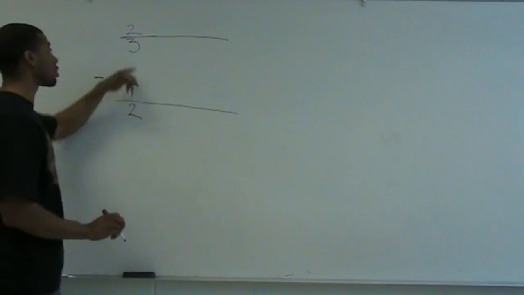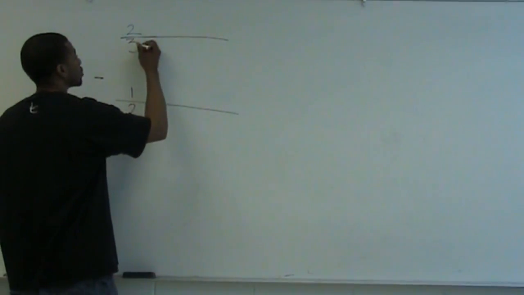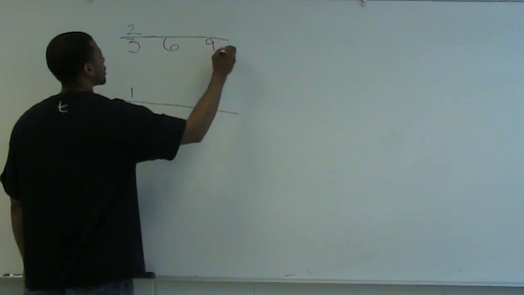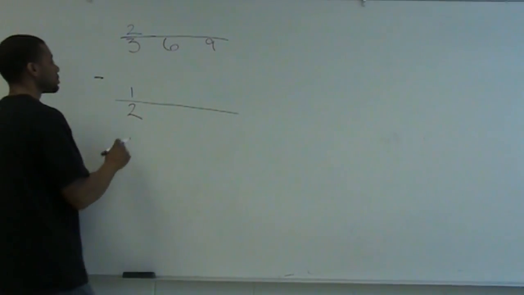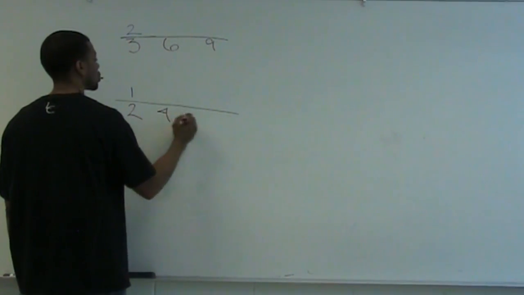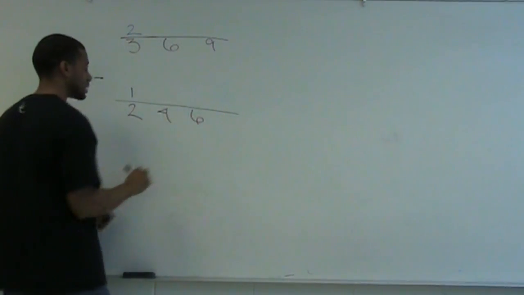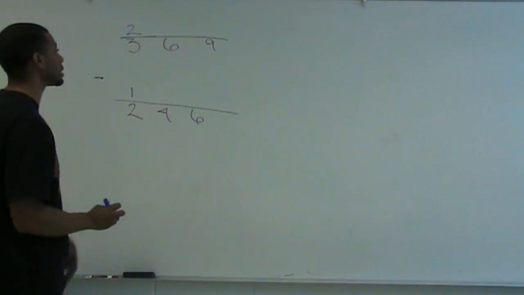So I'm going to start with my top denominator and do the multiples of 3. So I have 3, 6, 9, and I'm going to go to my bottom denominator, 2. 2 times 2 is 4. 2 times 3 is 6. So I have a 6 here and a 6 down there. So that lets me know that I have a common denominator of 6.